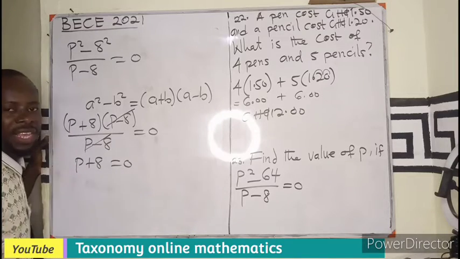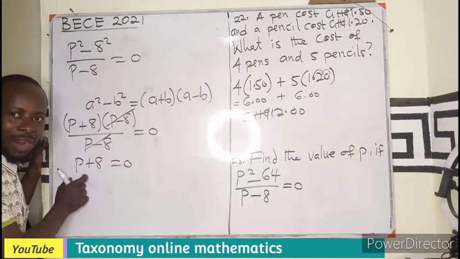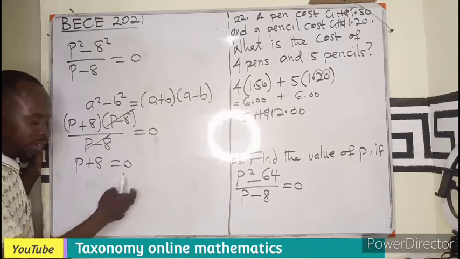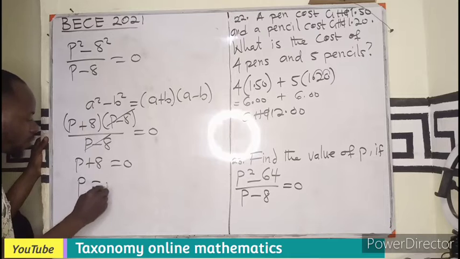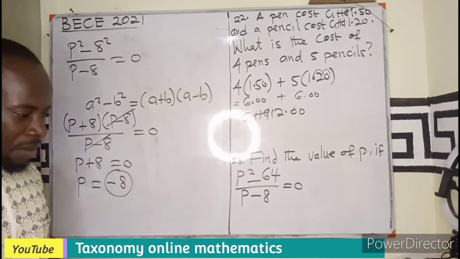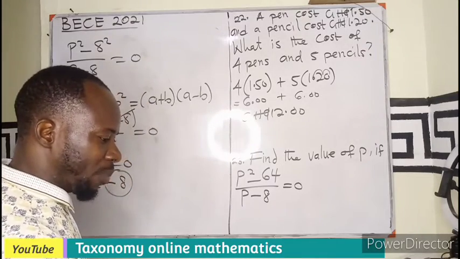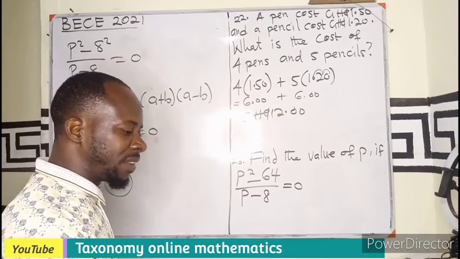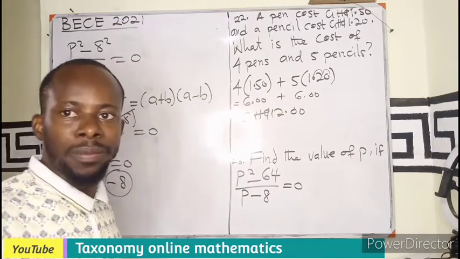We are asked to find p, meaning p must stand alone, and any other number must go. The positive 8 crosses, and that will give us p equals minus 8. So the value of p is just minus 8, and the possible answer will be answer A, minus 8. Good.